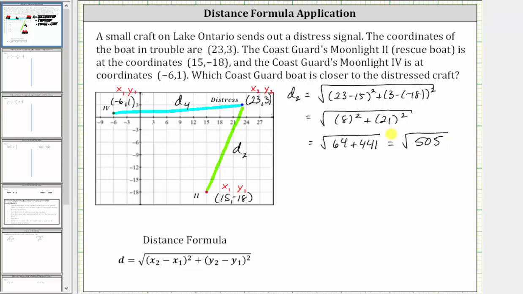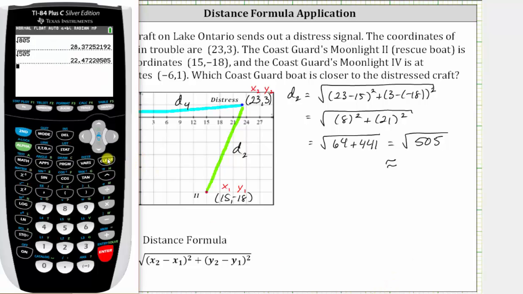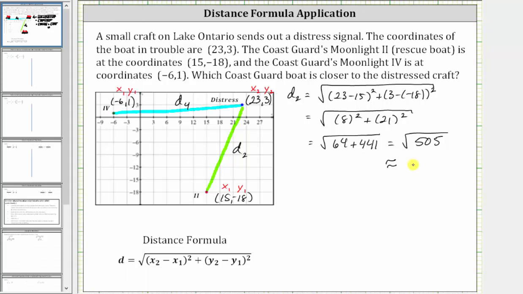Let's also get a decimal approximation for this value. So going to the calculator, the square root of 505 is approximately 22.47.